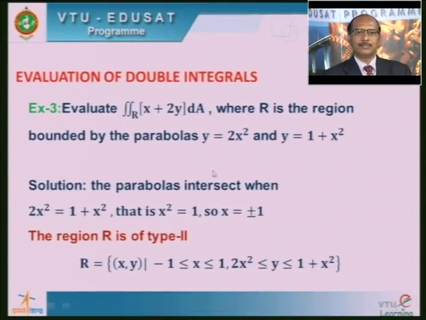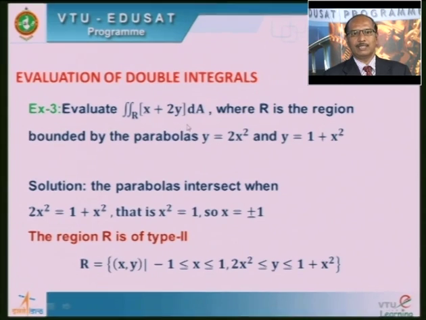Now we discussed in earlier classes, whenever the limits of integration are given directly, x limits and y limits are given directly. But in many problems we evaluate the double integral of some function over the region R, where R is bounded by some curves. So we need to identify what are the x limits and what are the y limits.